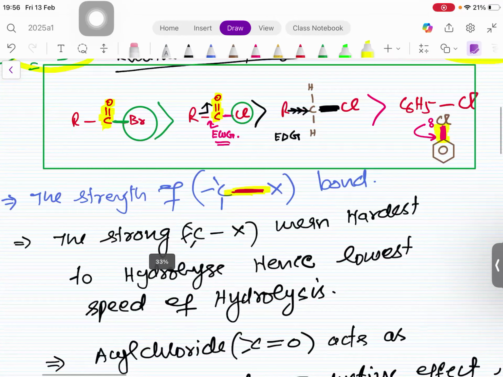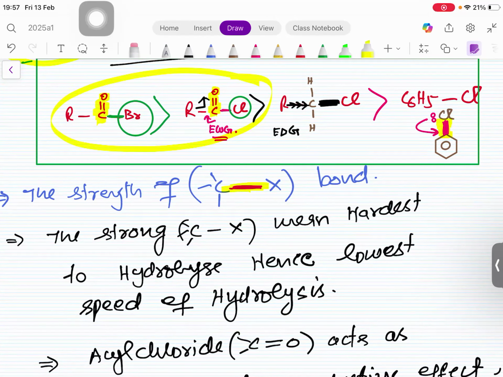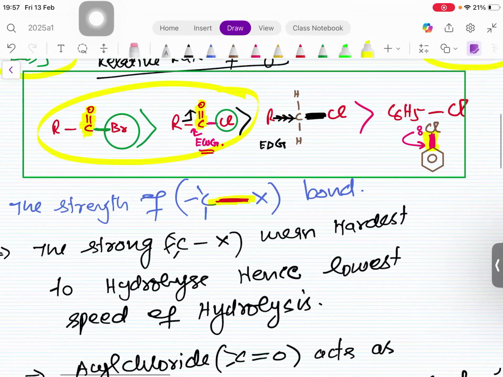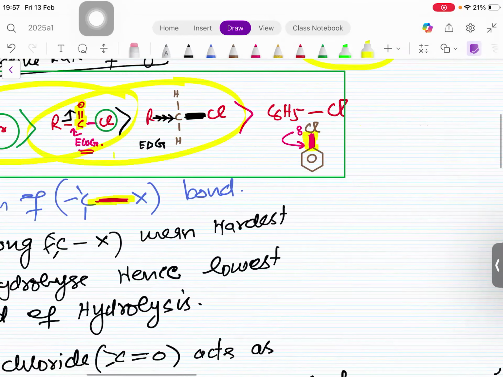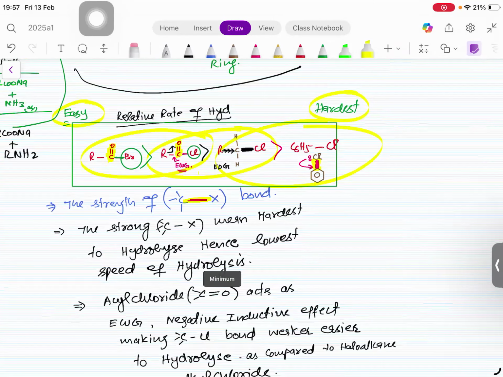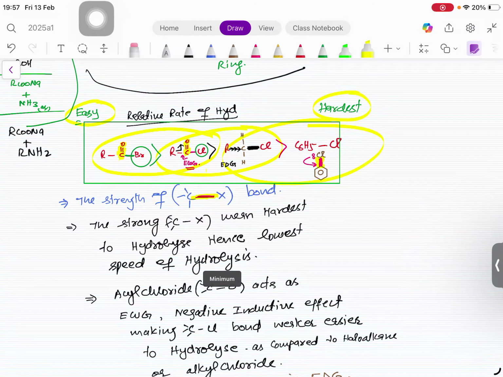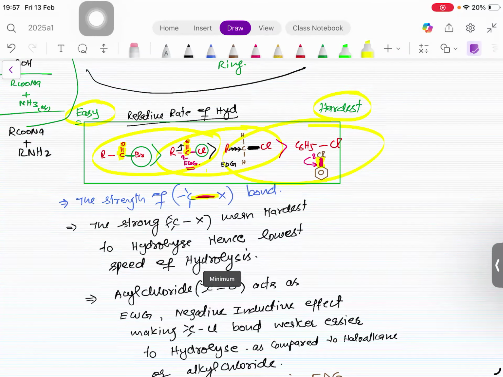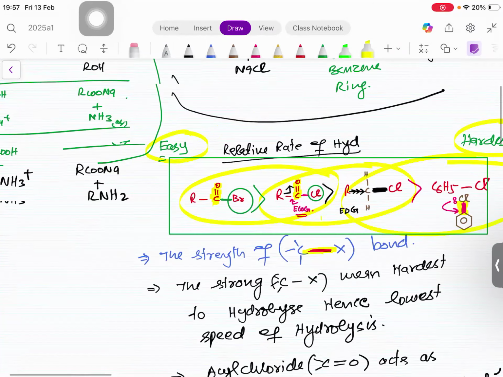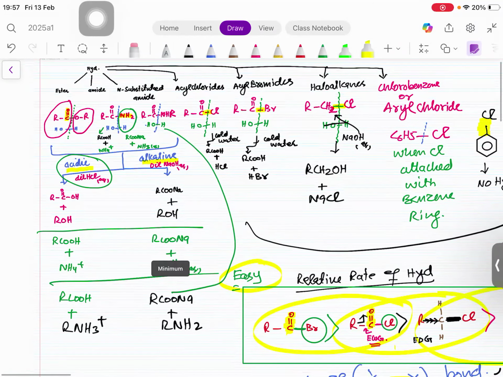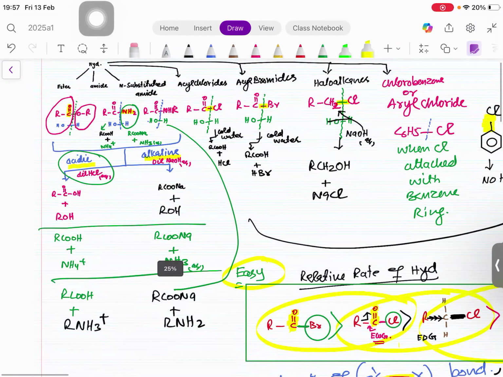So as we did, we compared Cl and Br, then we compared haloalkane with acyl chloride, and then we compared the haloalkane with the last, aryl chloride, right? So you have to compare two, because you can't compare all of them together. So this is the rate of hydrolysis of these compounds, and along with that I told you about acidic or alkaline hydrolysis.